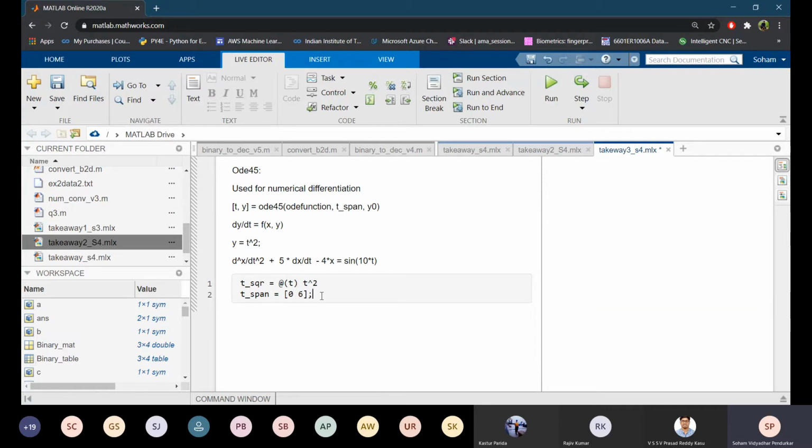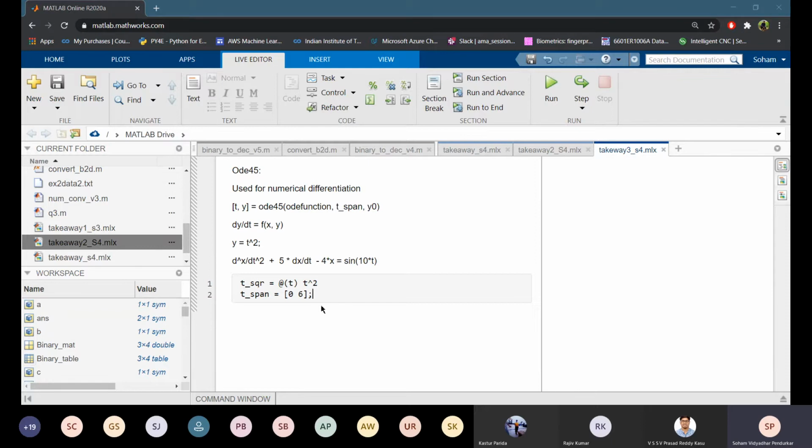So I created a tspan, I created a function. Now I need initial conditions. You were also giving these initial conditions in Runge-Kutta, so y of 0 is equal to 0 we are giving.